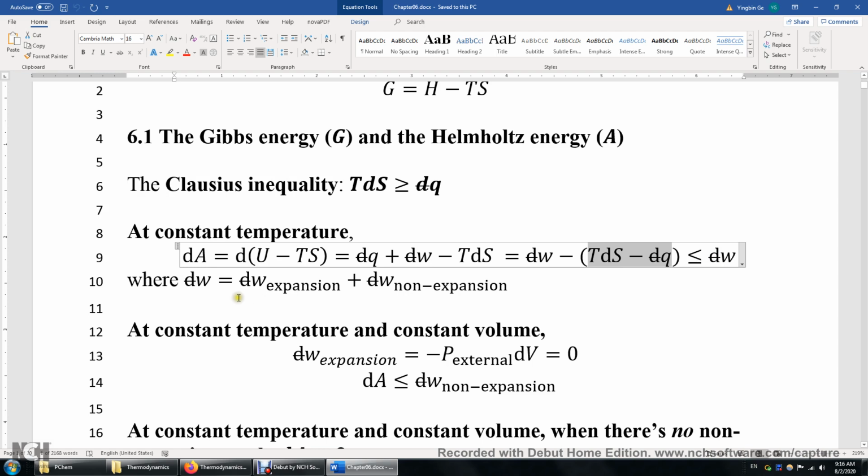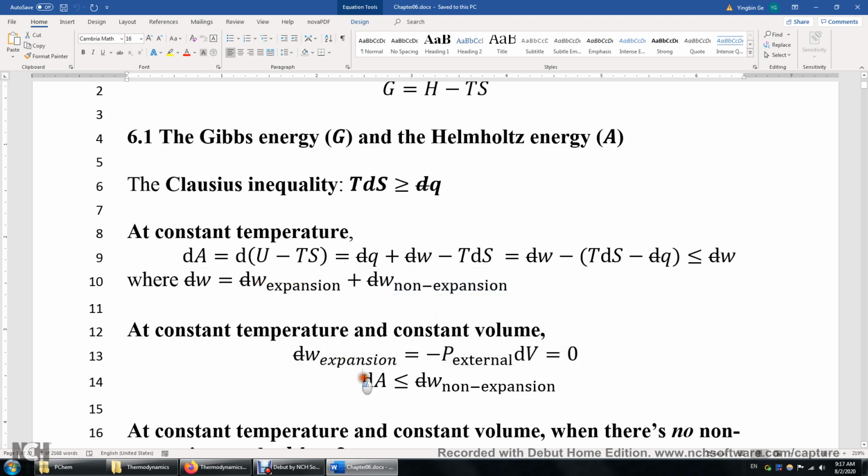dw is the sum of expansion work and non-expansion work. The expansion work is simply P external dV, actually negative P external dV. Non-expansion work, one example is electricity. If the temperature is constant and the volume is also constant, then this expansion work is zero.